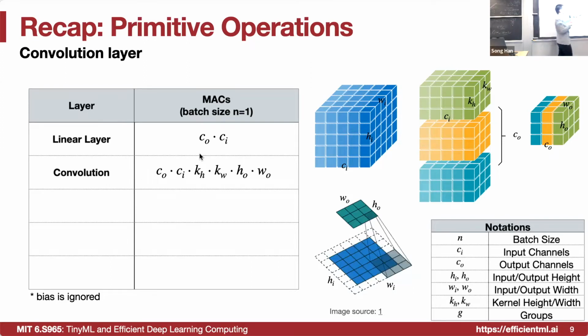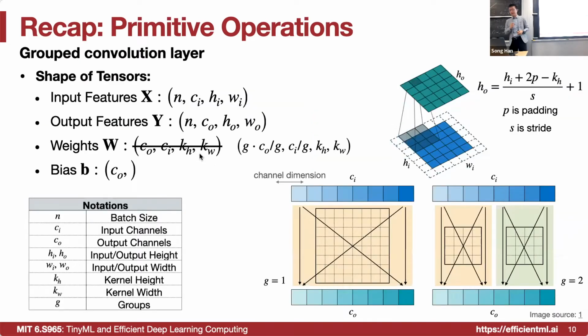It's 6 terms because to produce each output pixel requires kH times kW times C in of computation. And in total, you have to compute C out times W and times H. That's why we multiply these 6 terms together.